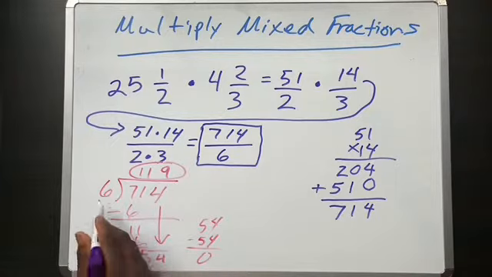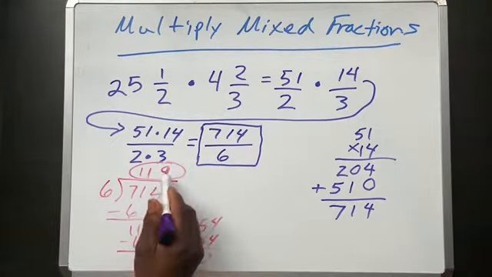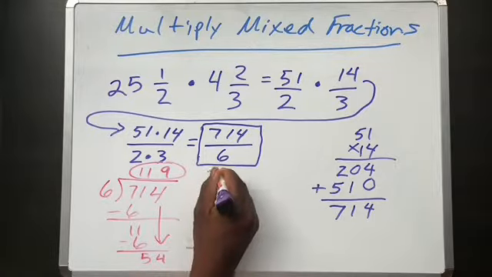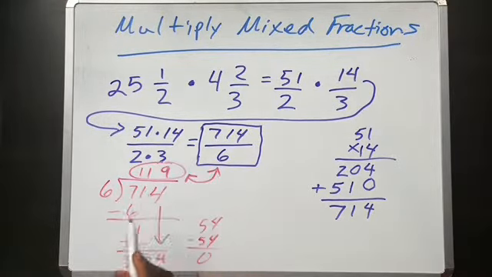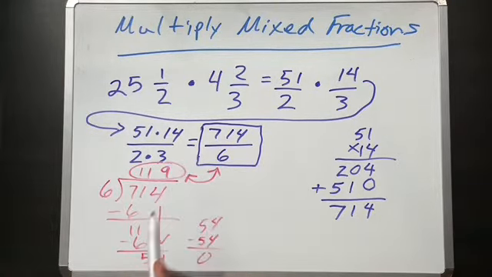And then 6 goes into 54 how many times? 9. 9 times 6 is 54, and then 0. So there you go. Either one of these is an acceptable answer to the original problem, 25 1/2 times 4 2/3. Very good. A lot of steps, but it was a good problem.